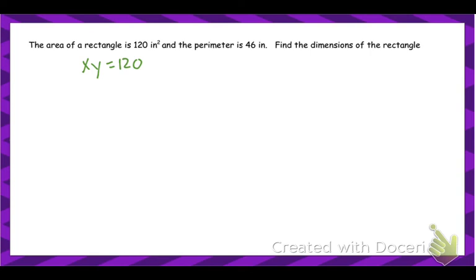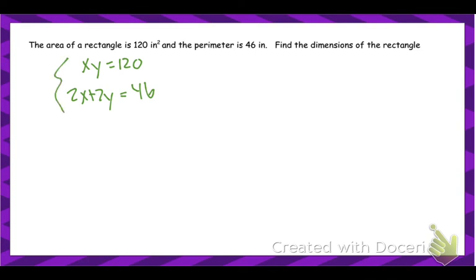If the perimeter is 46, 2x plus 2y is equal to 46. Now this equation actually is not quadratic, but the reason we're including it here is because you're going to need a quadratic equation to solve this. So you can solve for either x or y in this one, kind of up to you. I'll go ahead and just get x by itself.